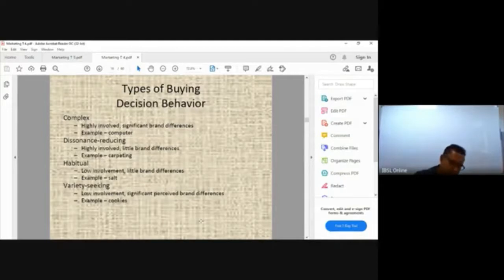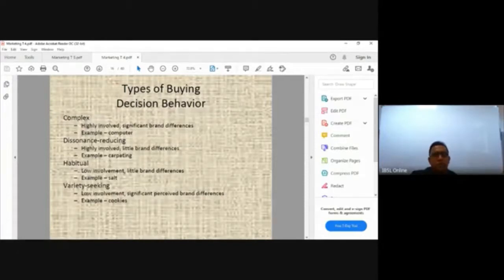When the product is of high value, you have to get very involved. This is called high involvement with significant brand differences. Examples: computers, cars, houses, and so on.